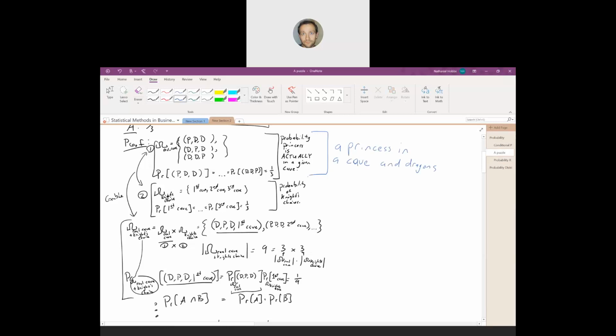So we talked about what it would look like to have a princess in a cave with dragons, and then we looked at the knight choosing a cave.